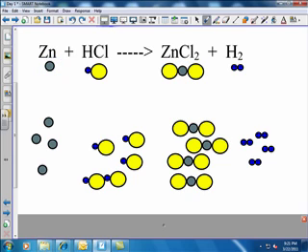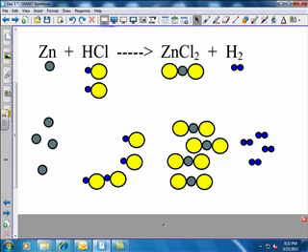But as I look at my hydrogens, I have one hydrogen over here and two hydrogens over there. So what I need to do is get the same number of hydrogens on both sides. One of the ways I can do that is I have to add another HCl molecule over here. Once I do that, now I have my two hydrogens that balance that. So now I have the same two things over there.